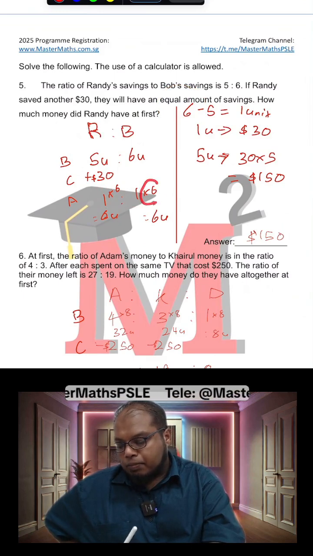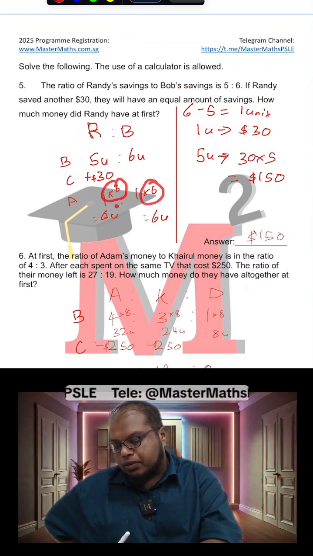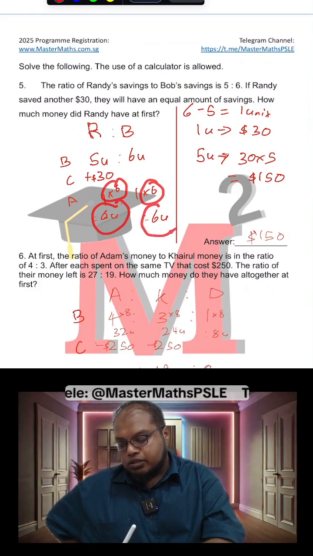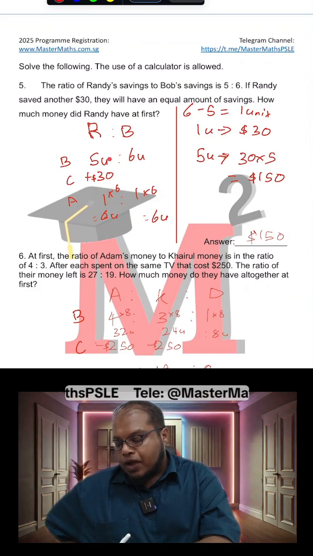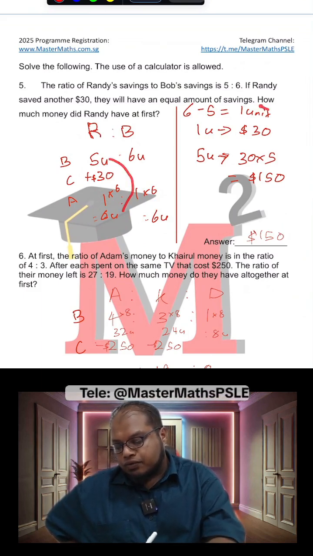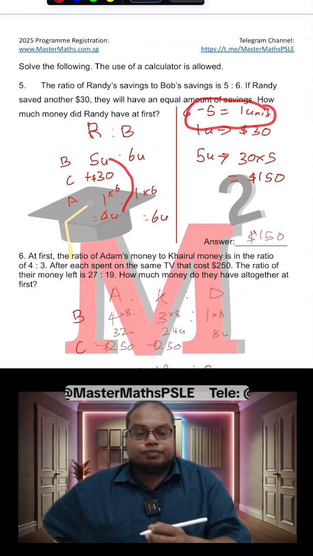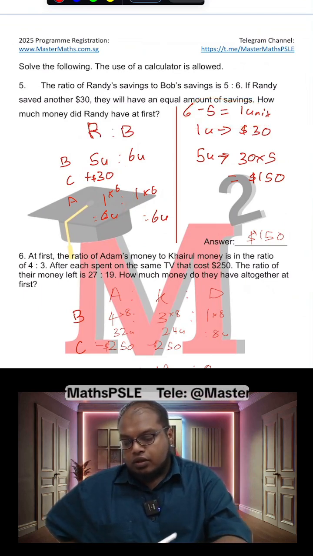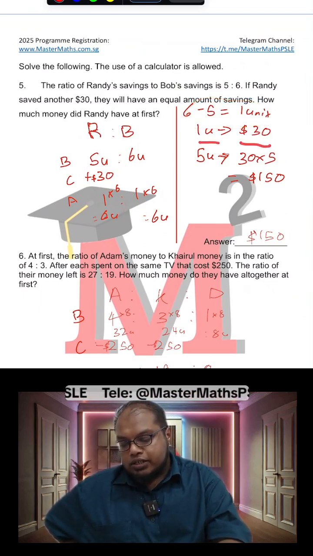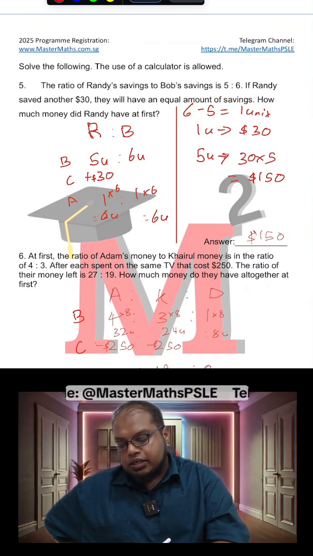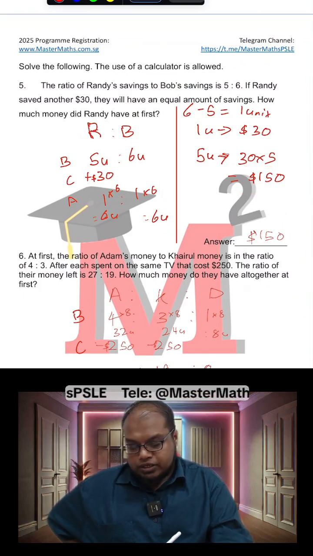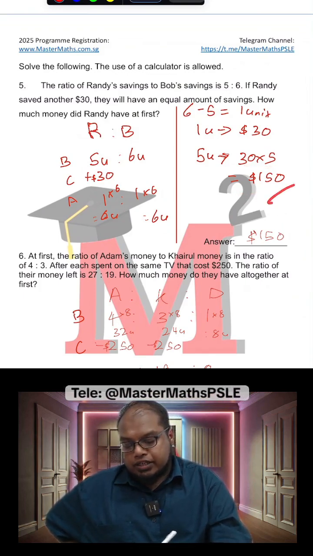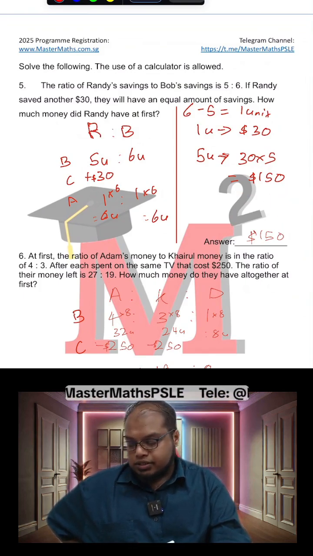Then I multiply by 6, it became 6 units, 6 units. So 5 to 6 is an increase of 1 unit. So 1 unit is $30, 5 units is 30 times 5 equals $150. That's why the answer is $150.